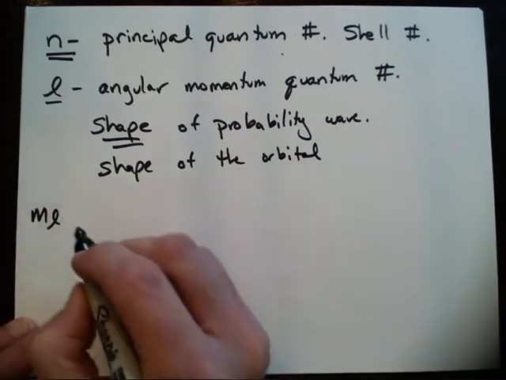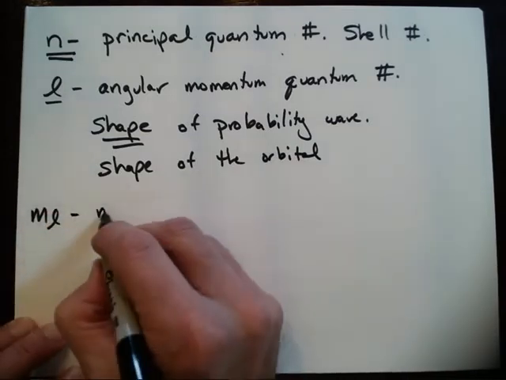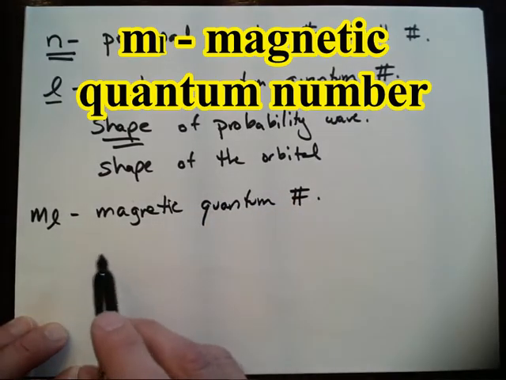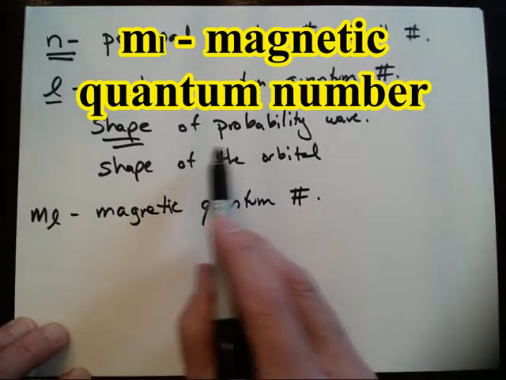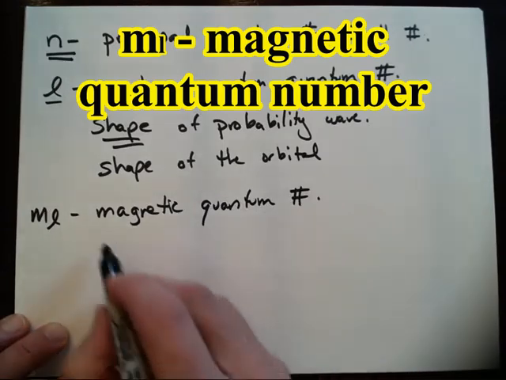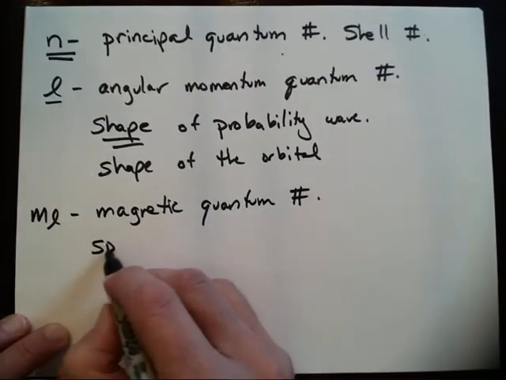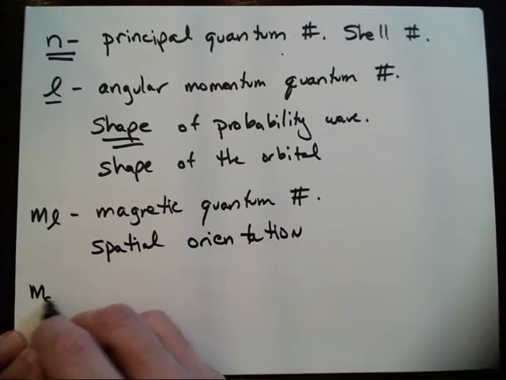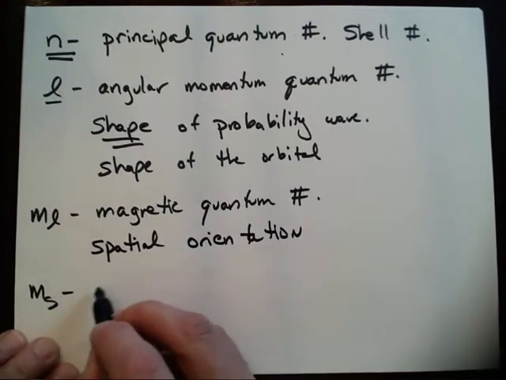m sub l, this is the magnetic quantum number, and this describes how the orbital is oriented in space. So this describes the spatial orientation. And then finally we have m sub s, and this describes the spin.